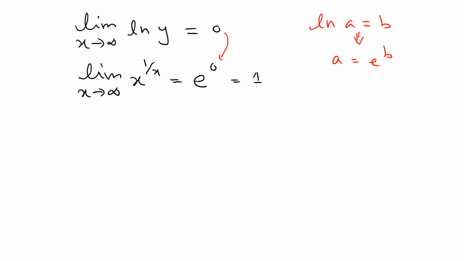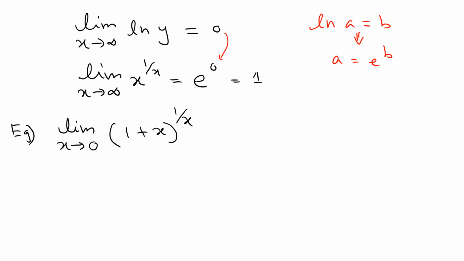So it's very interesting. We can do one more problem before we finish this discussion. Again, a really interesting problem. This is the last problem of this discussion. Let's say the limit when x goes to 0 of 1 plus x to the 1 over x. What happens here?